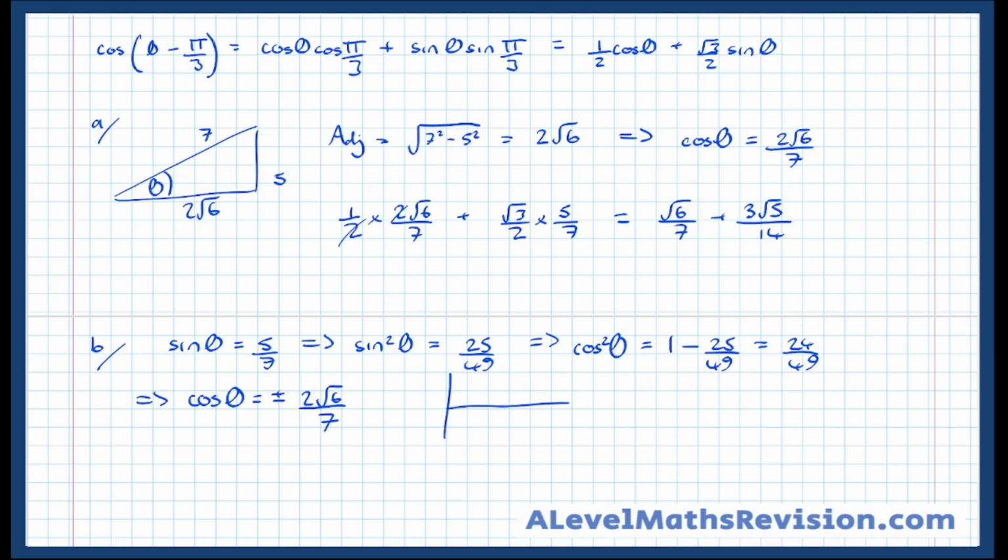So drawing a cos graph, we can see for obtuse angles, which are angles between 90 and 180, that the cosine function takes a negative value. Therefore, it must be the negative 2 root 6 over 7 that we take.